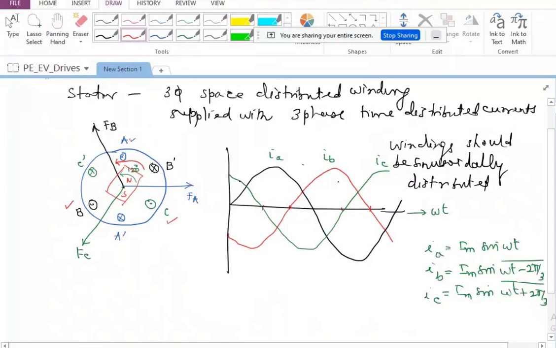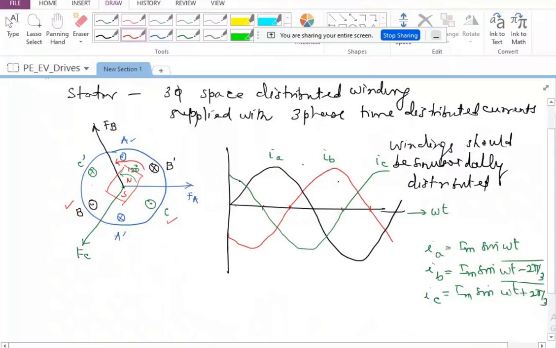It is encountering A first, then comes B, then comes C. So that is why I have placed the conductors like this. First comes A, after 120 degrees comes B, and another 120 degrees after which C comes.